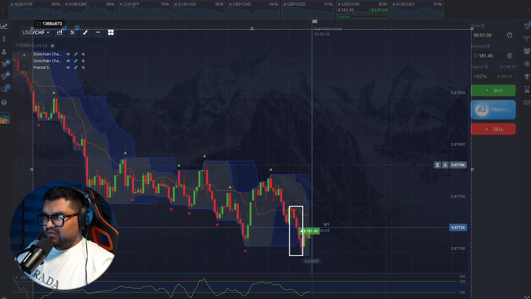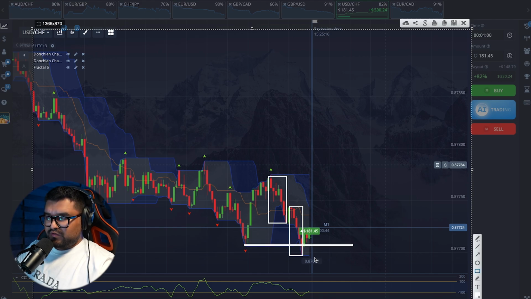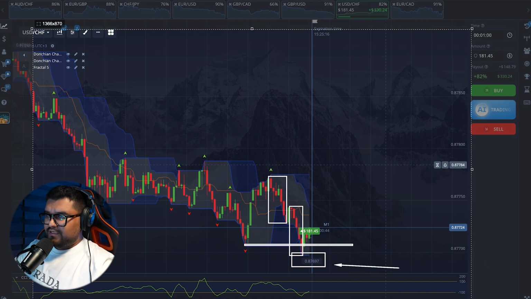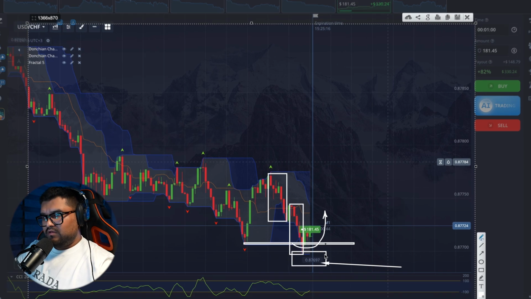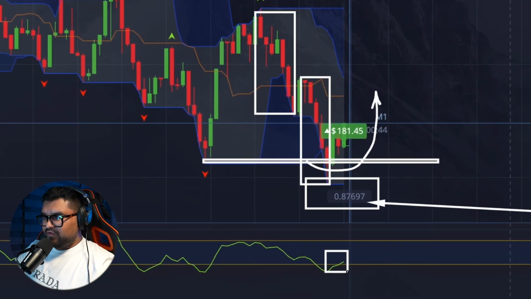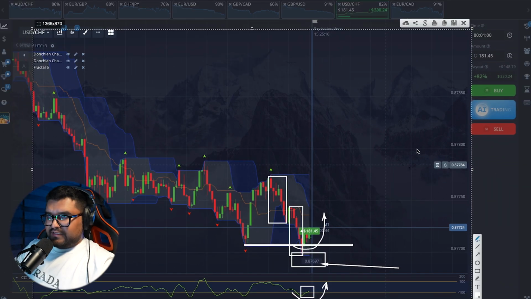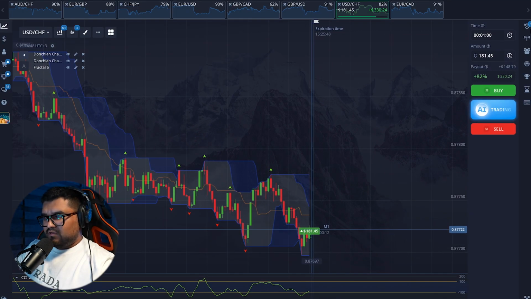The dynamics are quite good, and before that there was a very strong impulsive movement. Additionally, a global structural high was formed, so here we can confidently open a buy trade, right? So we see movement from the oversold area on our oscillator, and yeah, let's wait for the outcome now.